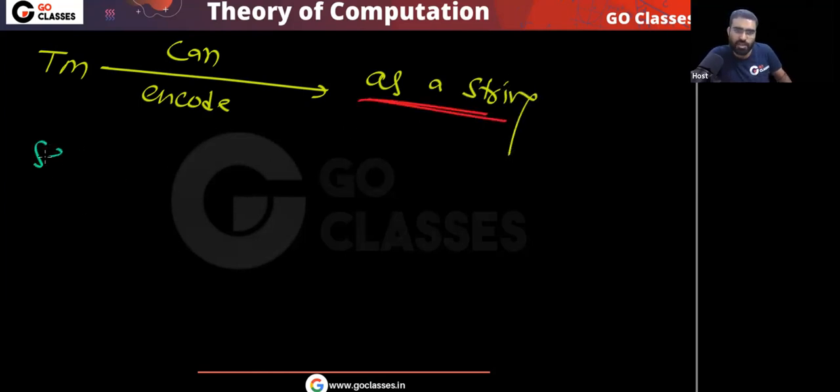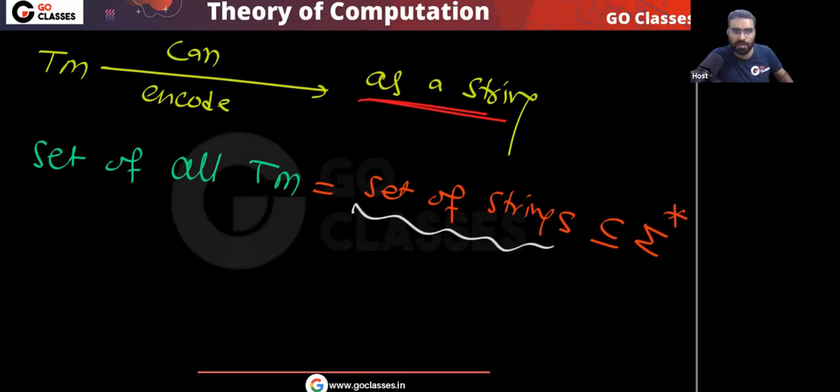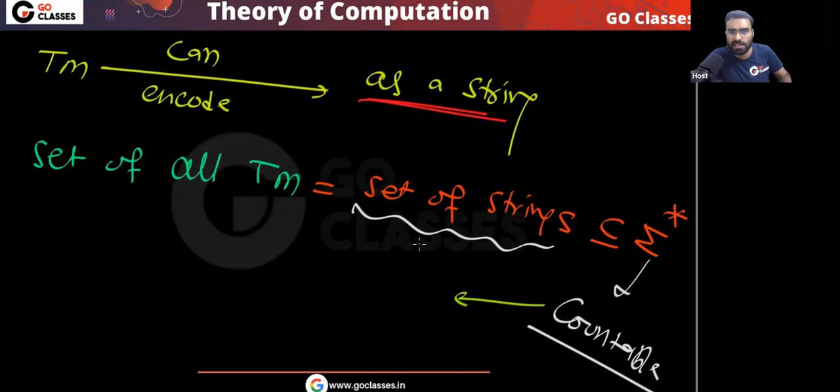So when I say the set of all Turing machines, that is the same as a set of strings, which is a subset of sigma star. Sigma star is countable, and a subset of a countable set is countable.